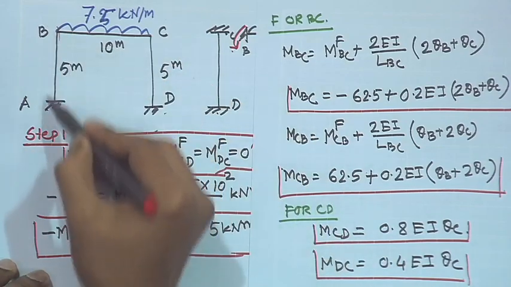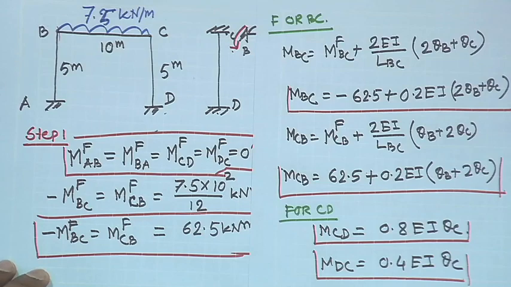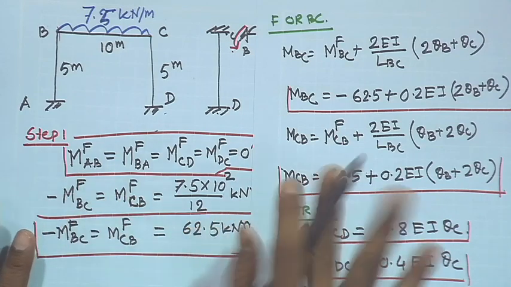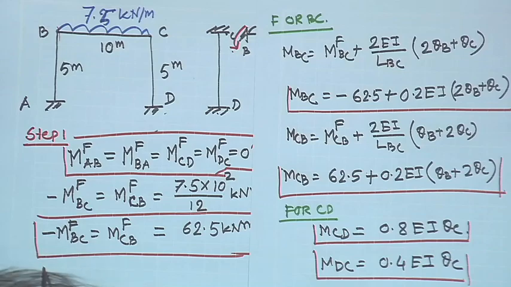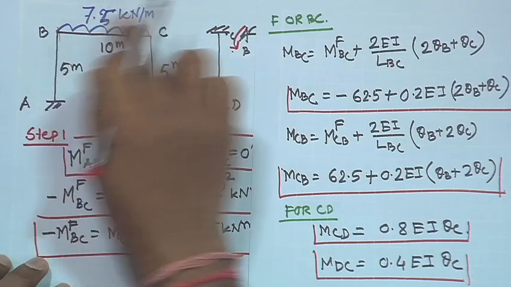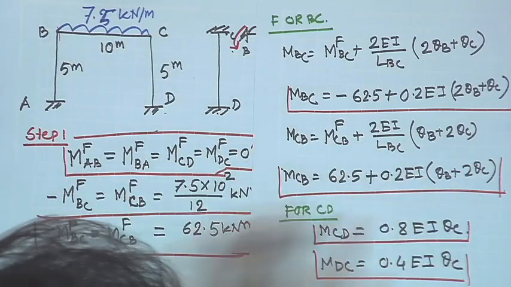So, whatever you get for AB, you get the similar expression for CD. So, step 2 is now completed. Slope deflection equations for all these members we have.